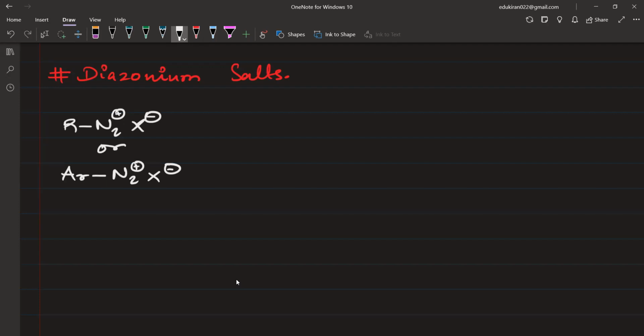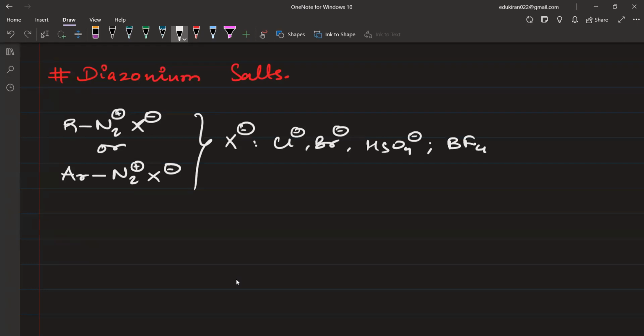Mostly it is Cl negative, then we use Br negative, but it can also be HSO4 negative, BF4 negative, etc. Here R is the alkyl and Ar is the aryl group.